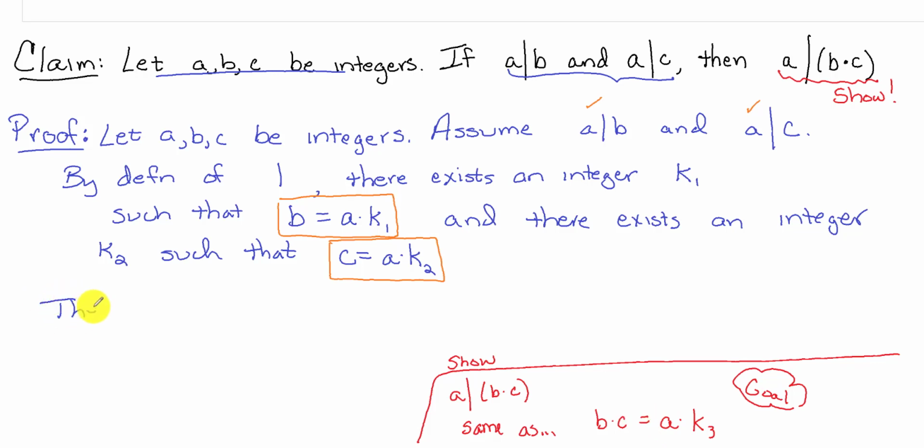So we'll say, therefore, B times C, I'm just using these little equations here, B times C equals A times K1 times A times K2, which equals, now my goal was just to have one A out in front and then a bunch of other stuff. So let's pull one of these A's outside the parentheses, and what's left over is a K1 times A times K2.